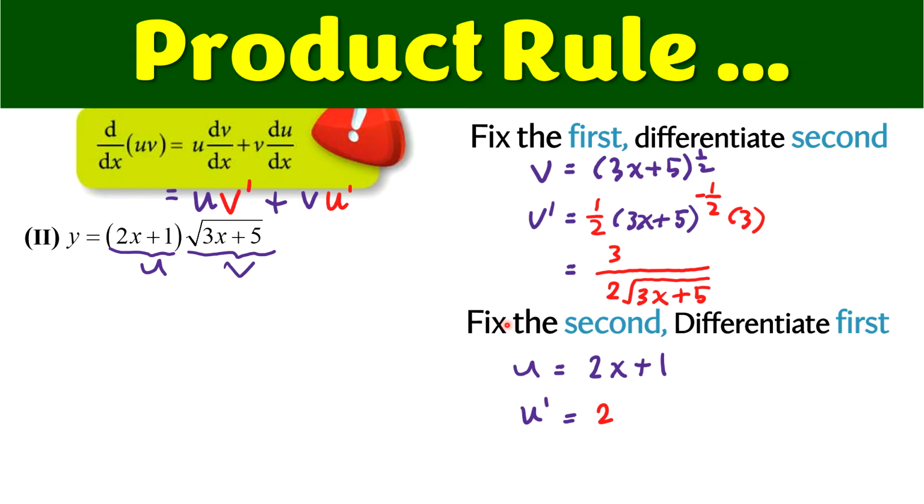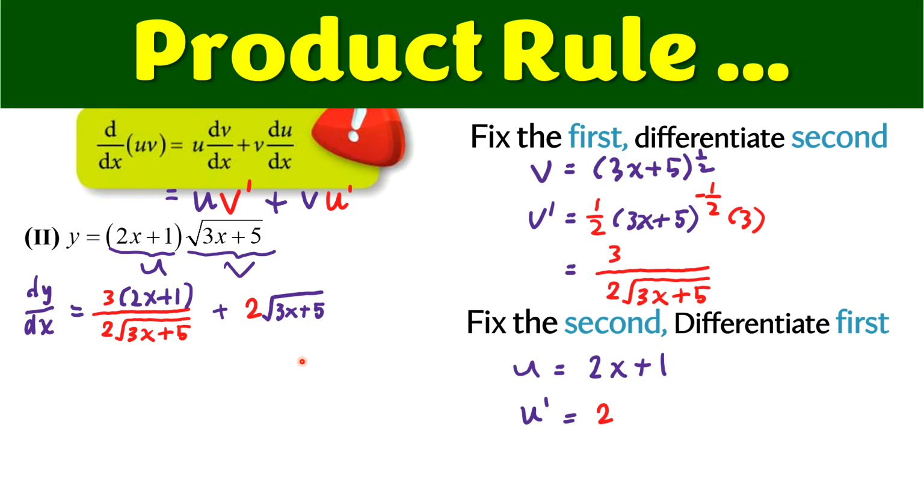Now I'm going to combine these together into the formula. The derivative here equals u times v prime, and then the second half, which is plus v multiplied by u prime. Now, I am done over here.